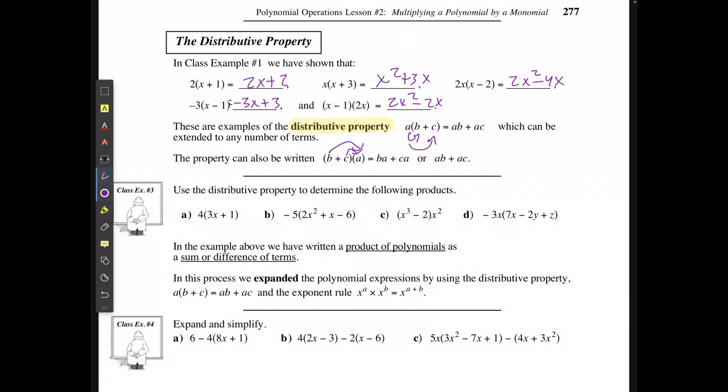So if I'm using the distributive property to solve what these products are, I'm going to say that this is going to be equivalent to 4 times 3x plus 4 times 1. This would be the same as 12x plus 4.